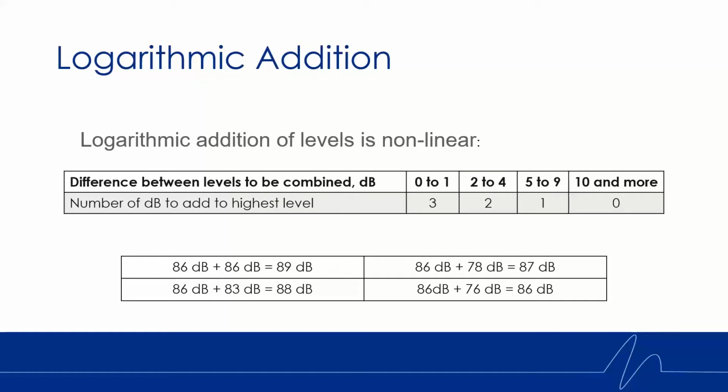Instead of adding those together and doubling it, we're actually going to only add 3 to the bigger number. So if you remember from the previous slide, a difference of 3 dBs is just barely noticeable. It's just able to be perceived. I like to compare this to standing on the side of the road, seconds, and then two cars drive by.